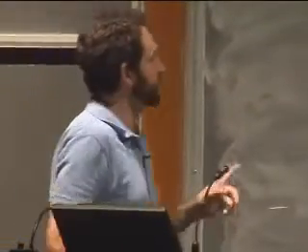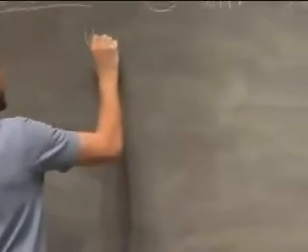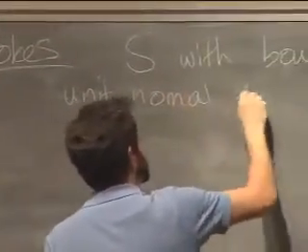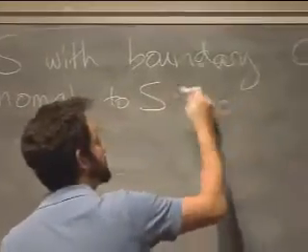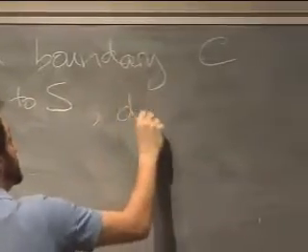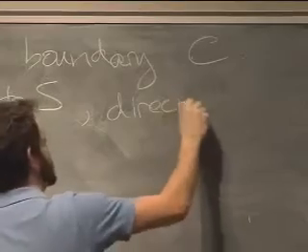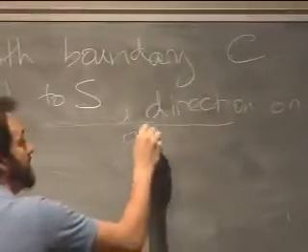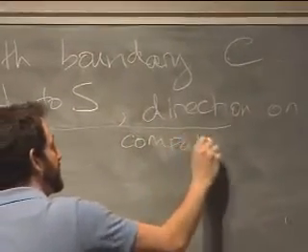So it could be like a cube or a bit of a cube or something. It doesn't have to be all smooth. It just has to be made up of smooth panels, as it were. Now, you've got to have a unit normal to S and a direction on C which are compatible. These two things, there's ambiguity in each.